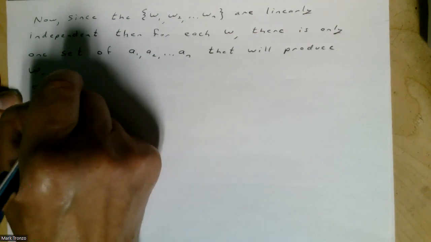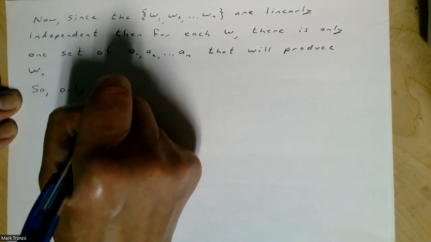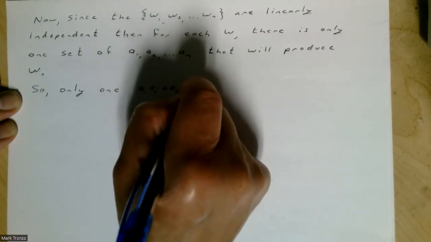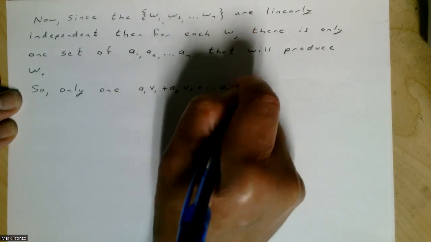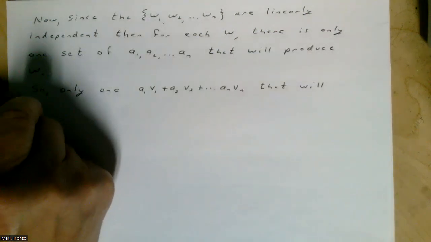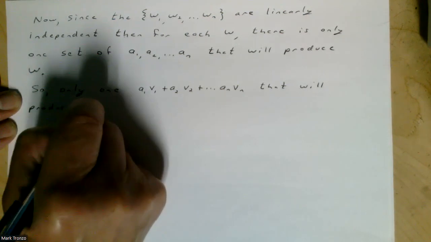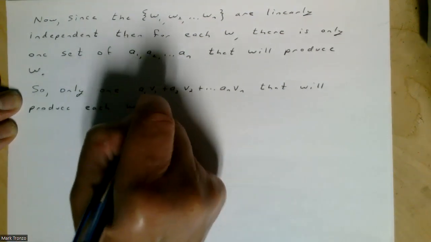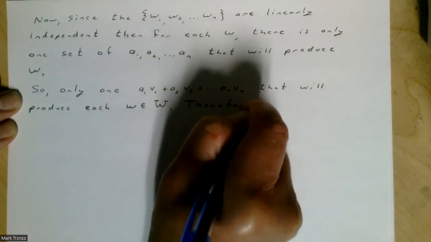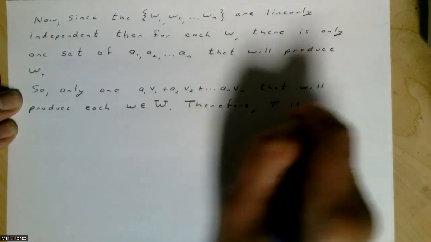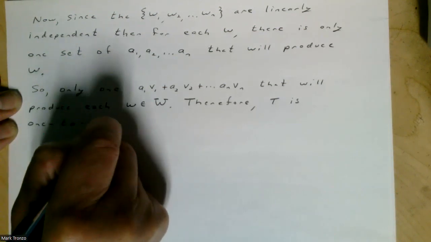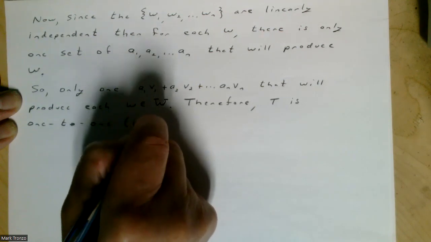So only one A1 V1, A2 V2, AN VN will produce each W. Therefore, T is 1-to-1, or injective.